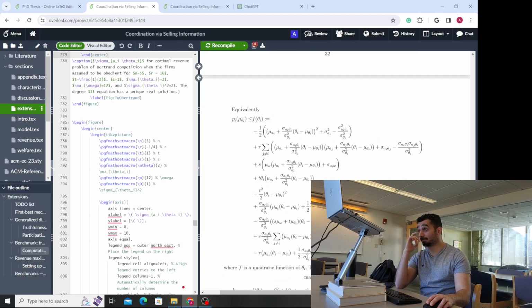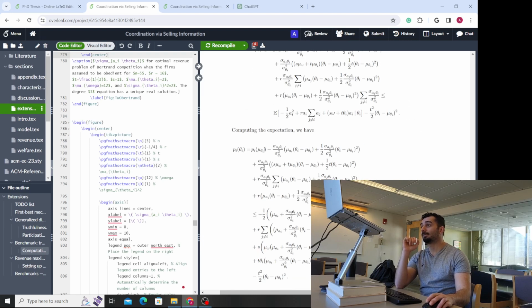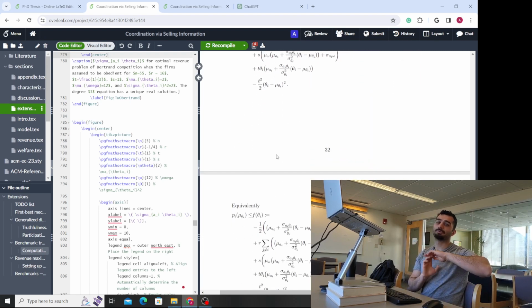Okay, this part is important. Wait, how I do it is I bring pi mu theta I into an inequality by moving the terms from the left hand side of the inequality to the right hand side.